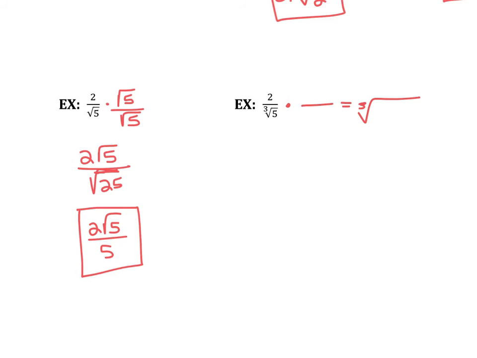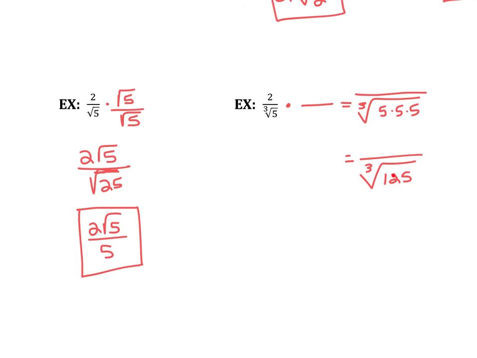All right, so a perfect cube root in this case would be when we have 3 5s, okay? In other words, that would be the cube root of 125 in the denominator, if you want to think about it that way. So what will we need to multiply by? Well, if we're starting with 1 5 underneath a cube root, and we need to get to 3 5s underneath that cube root, and the reason we need to get to 3 of them is because then we would have a perfect cube.